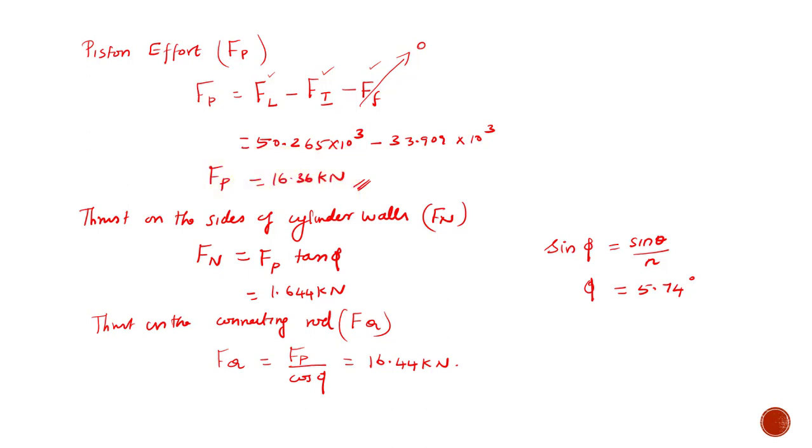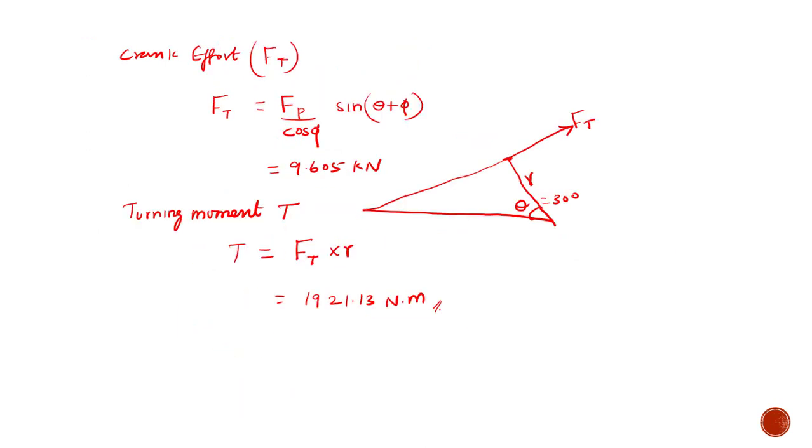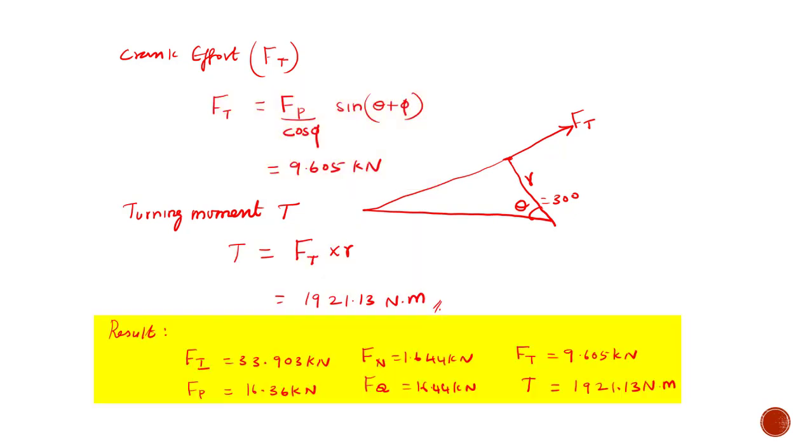Once you know the FP value, we can find all the other values very easily. Another term required is the phi value, which can be found using the relation sin phi is equal to sin theta divided by n. We need to remember this equation. Now the phi value is also found. Using that, we found the thrust on the sides of the cylinder walls, the thrust on the connecting rod, the crank effort, and the turning moment. Okay, thank you.